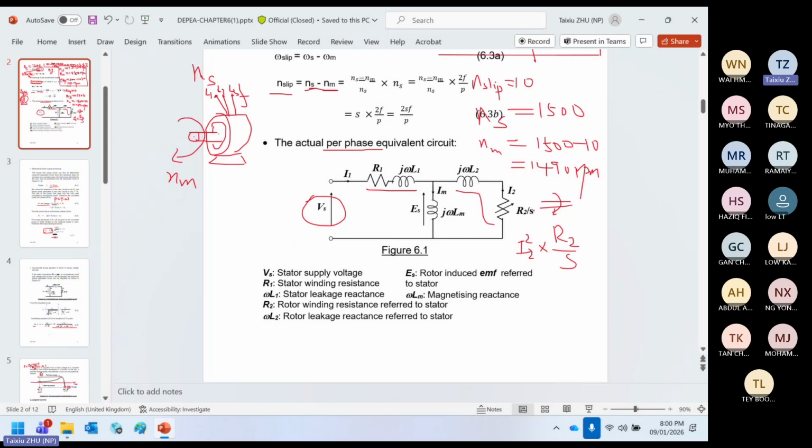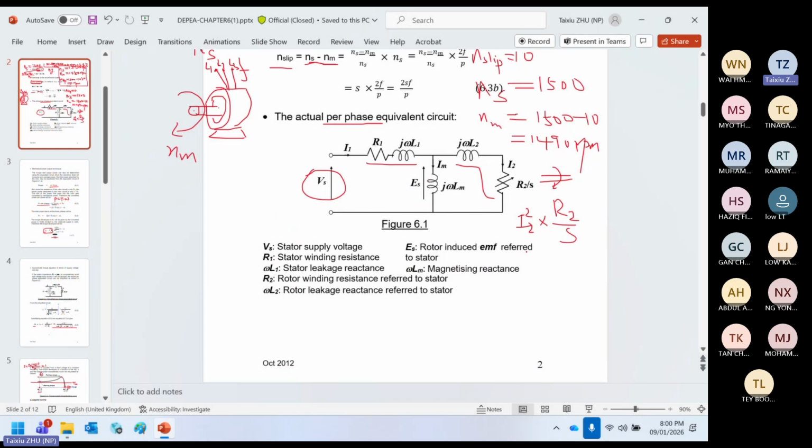Now, why do we call this developed? Why don't we say net power? Because when this rotor turns, you remember the friction, some environment losses. So you have to take away the losses, then you get the net power output on the shaft, which will be a little bit less than this.